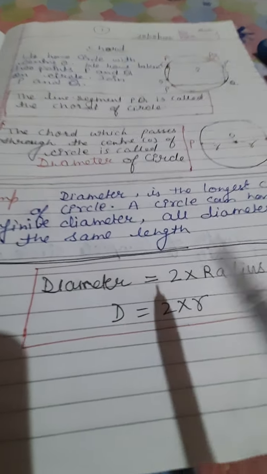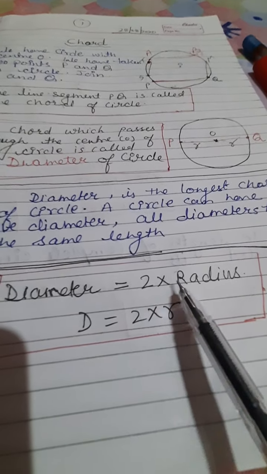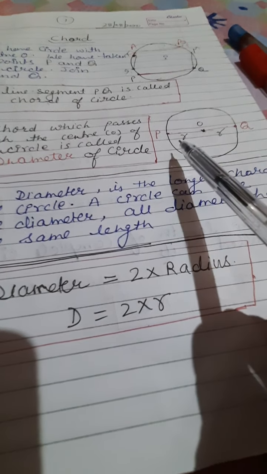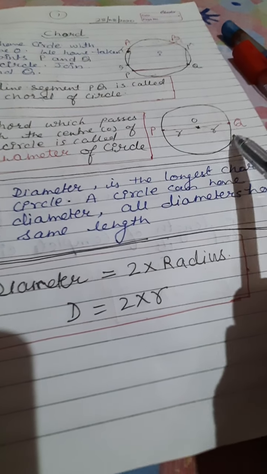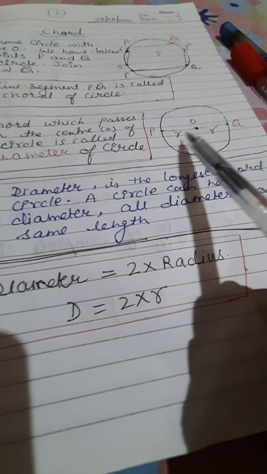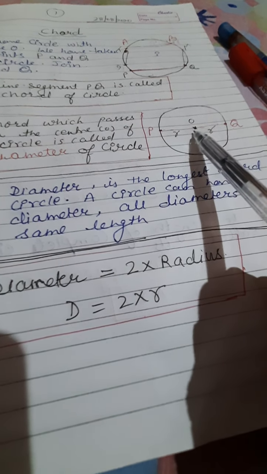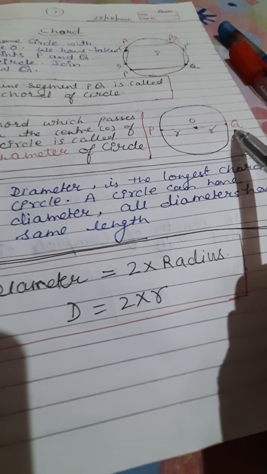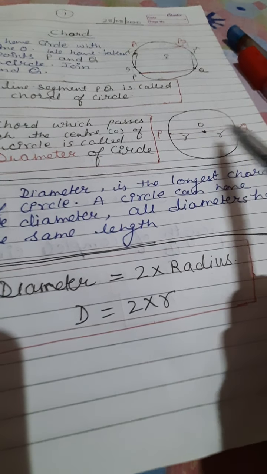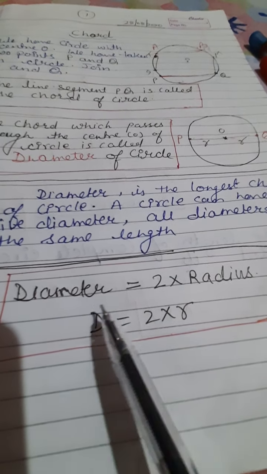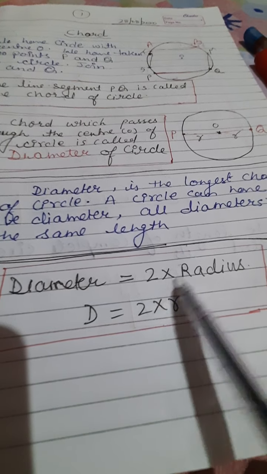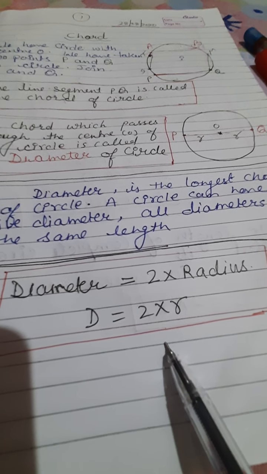Hence, we can say diameter is equal to twice the radius. Why? Because in PQ there are 2 times R from OP and OQ, and PQ is our diameter. So, diameter is equal to 2 into radius, 2R.